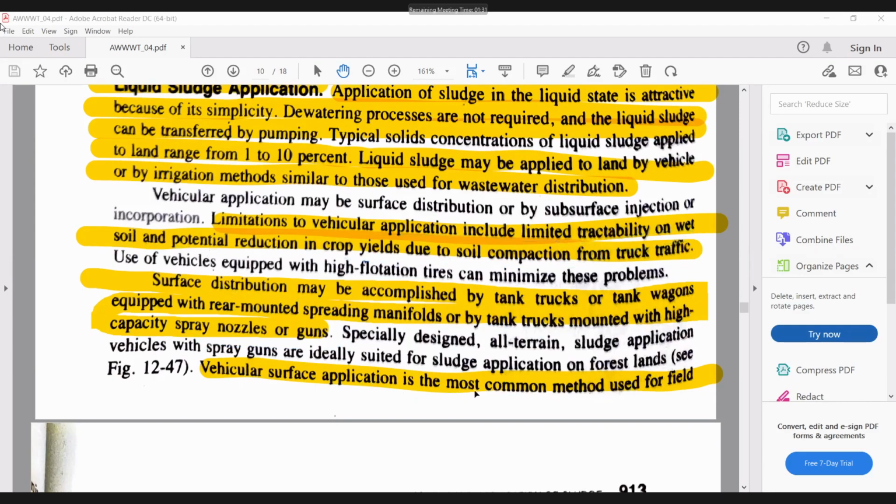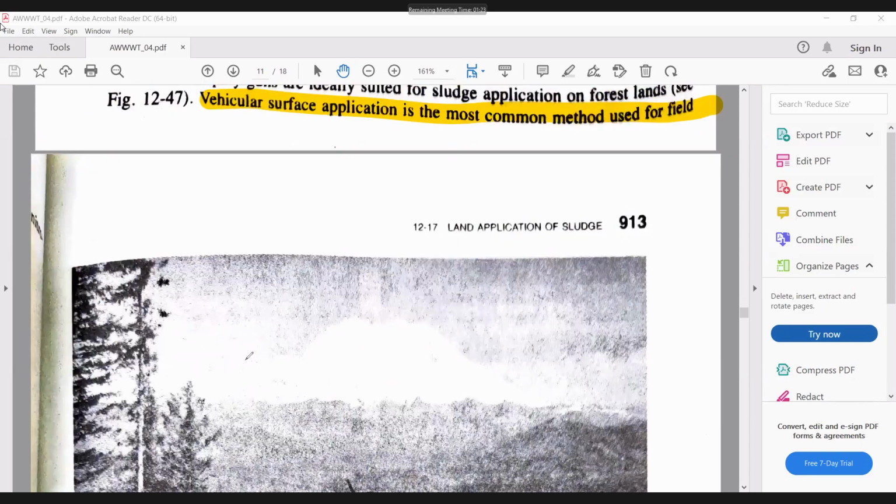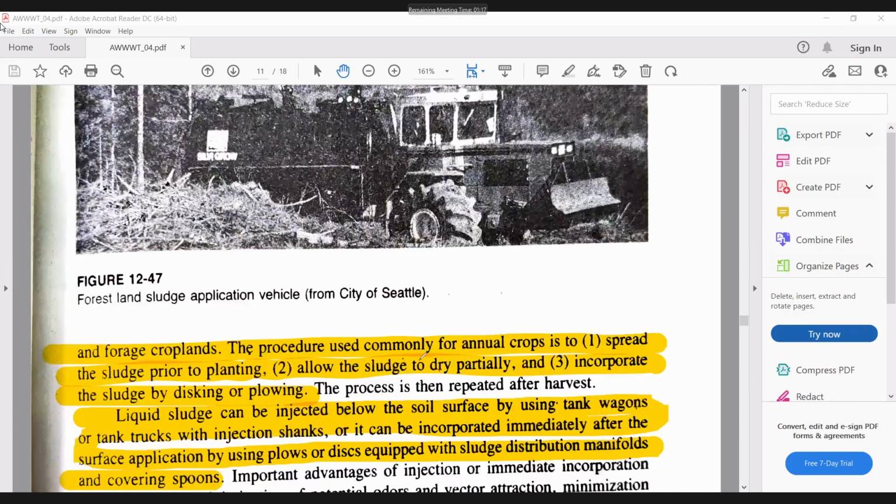Vehicular surface application is the most common method used for fields or croplands for liquid sludge distribution. What is the common procedure? Number one, spread the sludge prior to planting. Prior to planting, remember, allow the sludge to dry partially.